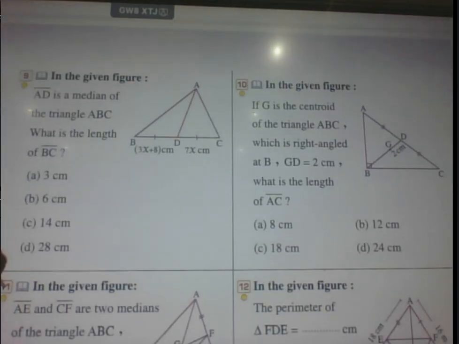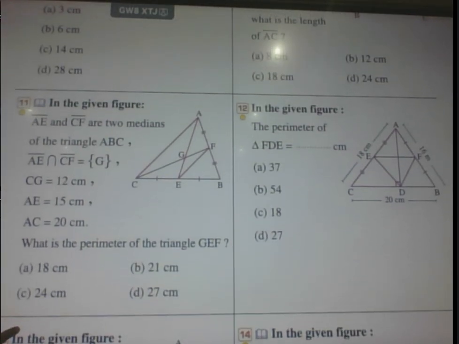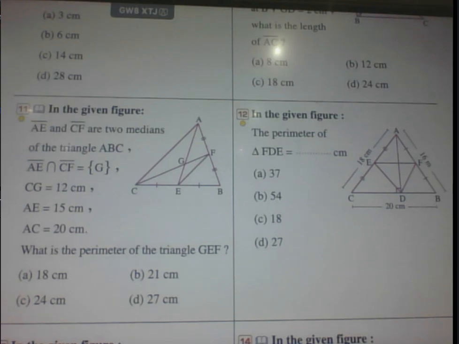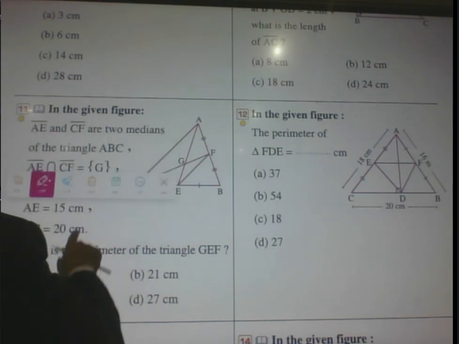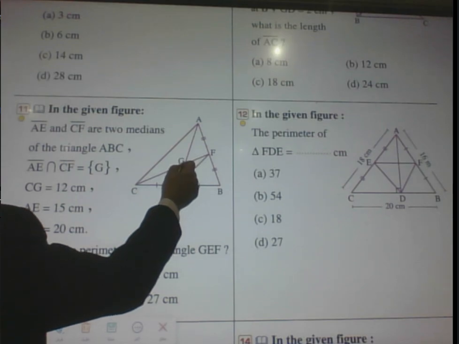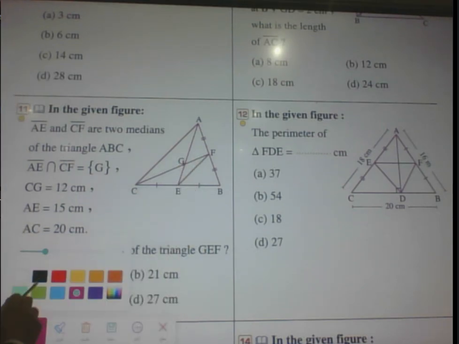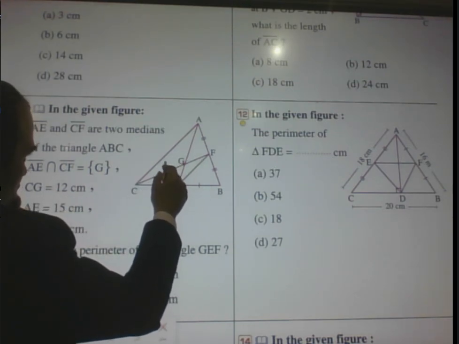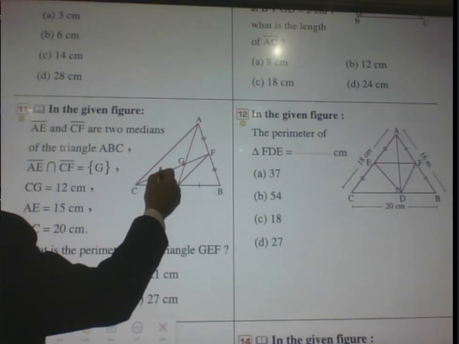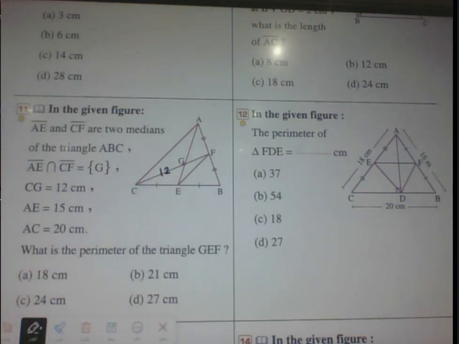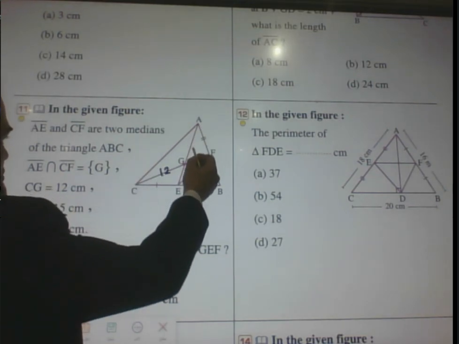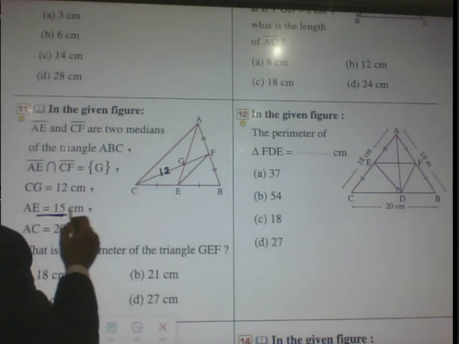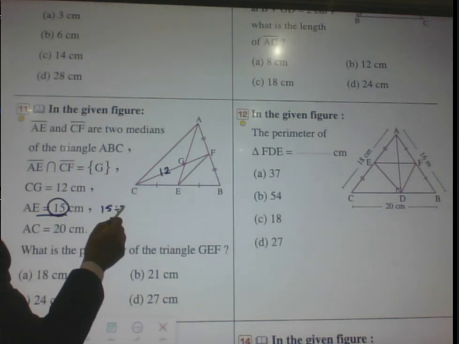Next question, number 11. In the given figure, we have 2 medians intersecting at 1 point. Then G here will be the centroid point. He gave me CG was 12. From C to G, 12 centimeters. And AE is 15 centimeter, from A to E, 15. We can divide 15 by 3, which equals 5.